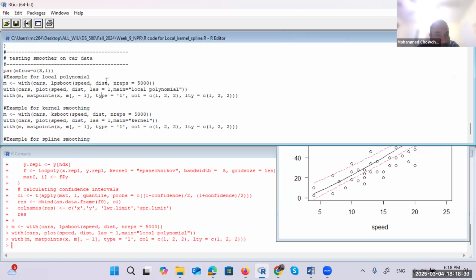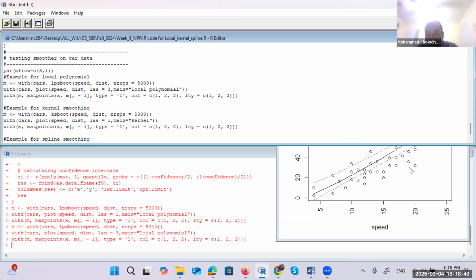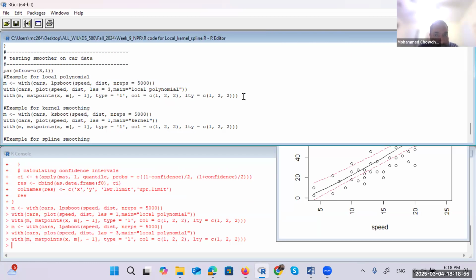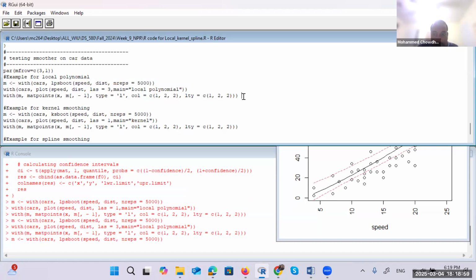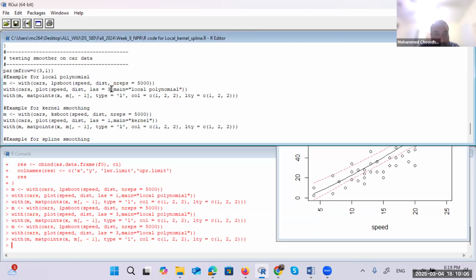So if I want to change las equal to, suppose, 3, then see how the graph looks. It's no changes in here.